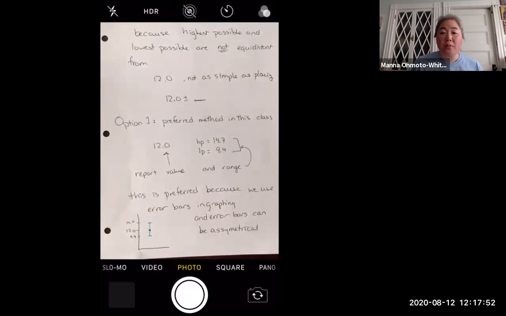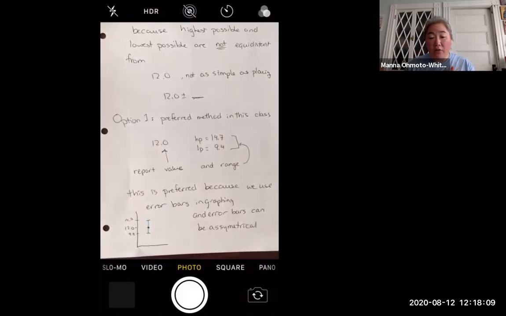So there are two options, and the preferred method in this class is to report your value, 12.0, and then give the range: 14.7 is your highest possible, and lowest possible being 9.4. This is preferred because we use error bars in graphing, and error bars can and often are asymmetrical. So I would graph it as my value 12 with the lower bar extended to 9.4, and the highest possible one extended up to 14.7.